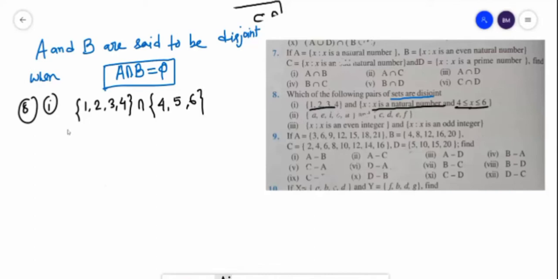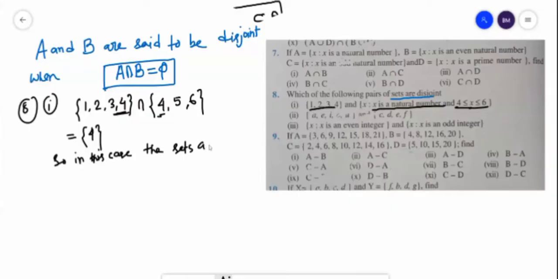Now one common element is there, this 4. So in this case the sets are not disjoint, as their intersection is not equal to phi.